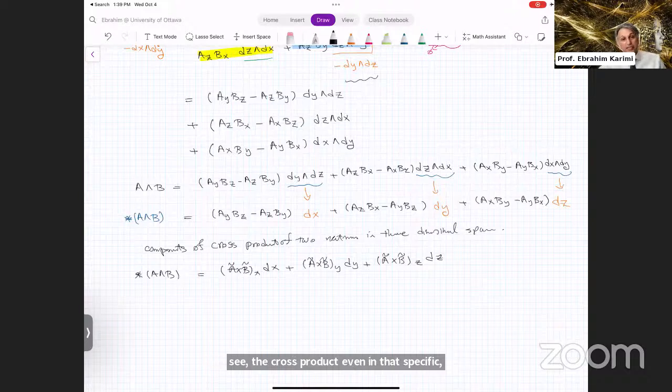In a similar fashion, you can write it in n-dimensional space, but you have to be very careful with the calculation. And here you will see clearly that the cross product we have in three-dimensional space shows up in this specific fashion.